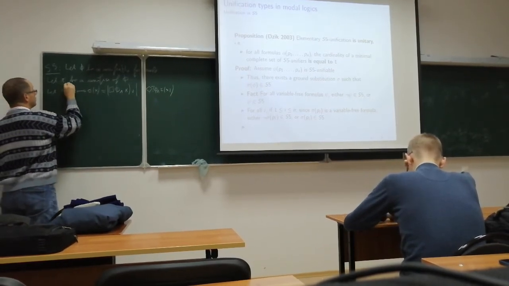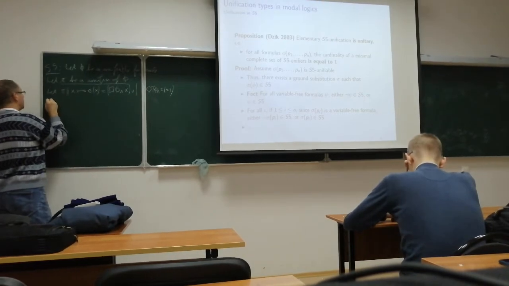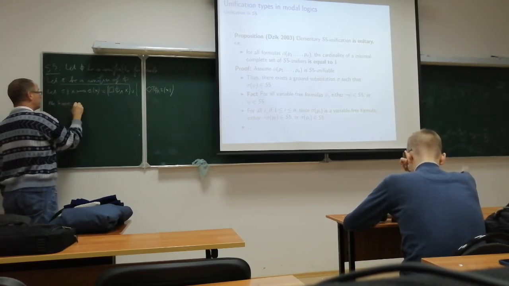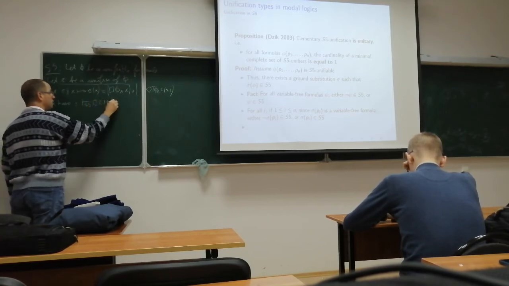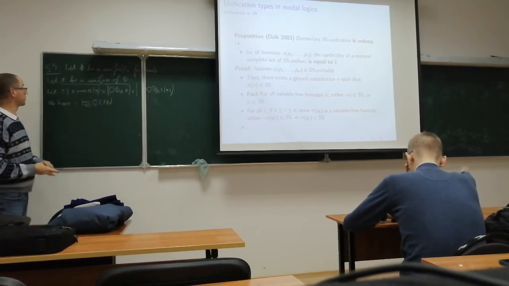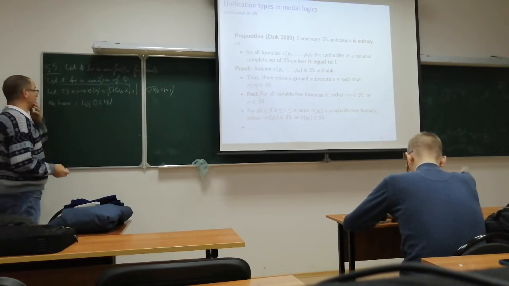Remark: since tau is a unifier of phi, then tau is also a unifier of box phi, by the rule of necessitation. This is a small remark.